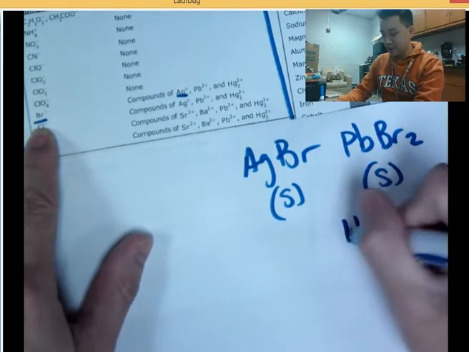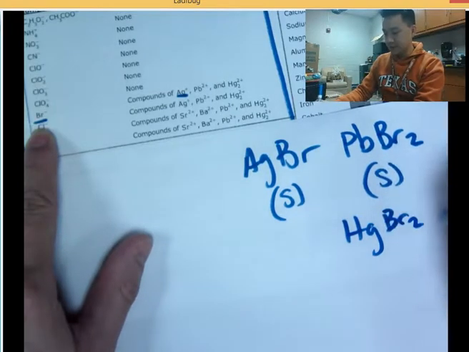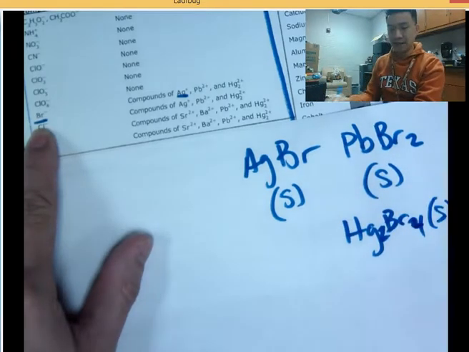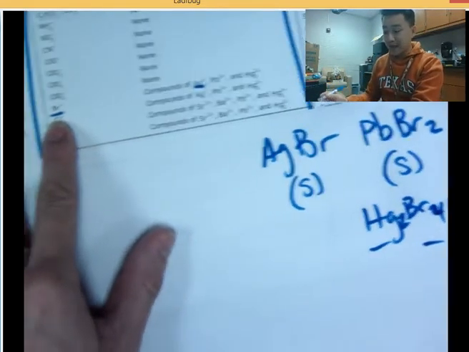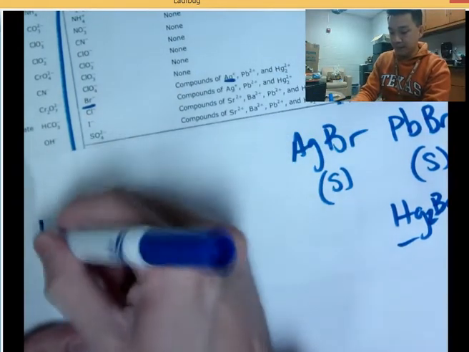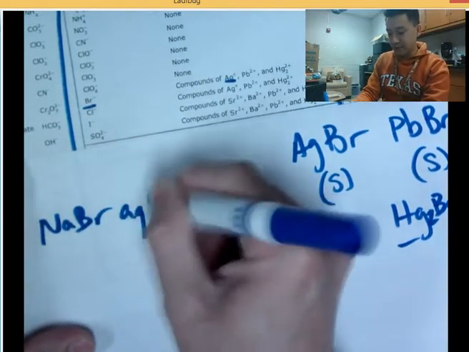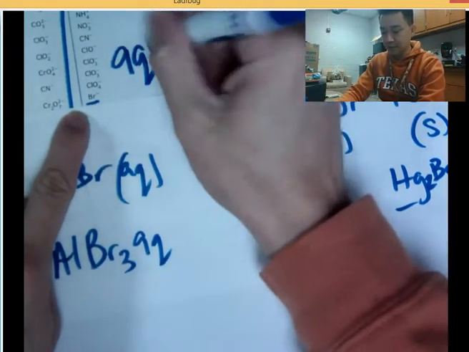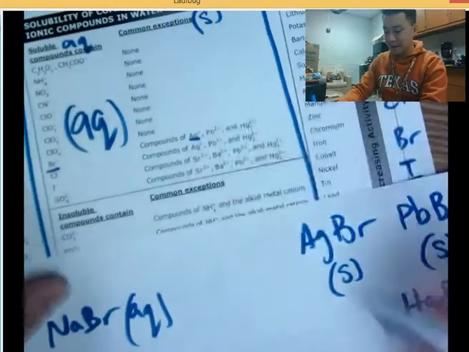If it's HgBr2, it's a solid as well. Anything else, like NaBr, is aqueous. Something else, AlBr3, anything with Br is aqueous. Remember, all this over here is aqueous, and this part over here are the exceptions, which makes it solid.